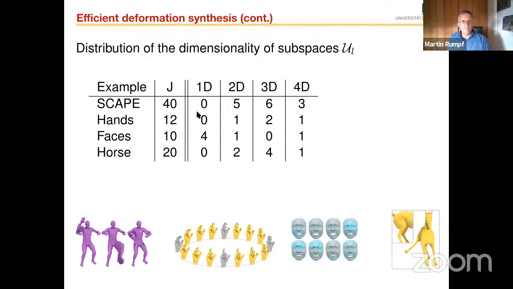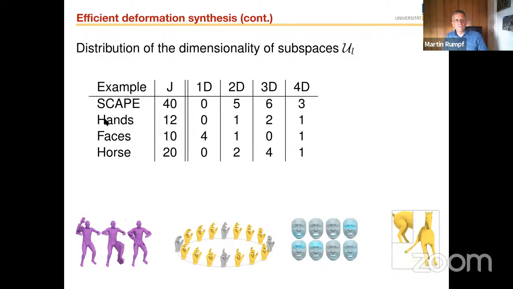And you see with which dimensionality we work here. So we don't have too large resolutions of our lookup tables, because already low numbers of k give very good geodesics and thus very good exponential maps. And for the SCAPE data set, we have here 5 two-dimensional lookup tables, 6 three-dimensional ones, and 3 four-dimensional ones.